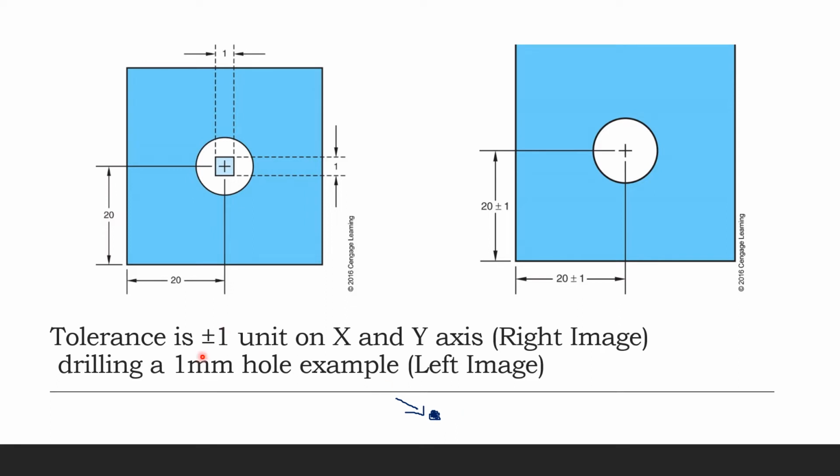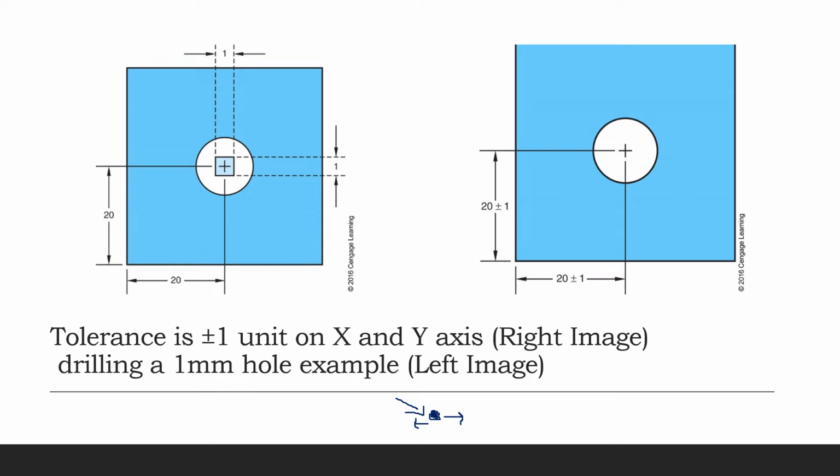Again, don't feel bad about looking at the direction of the value. This is just showing you that you can go this side 1 millimeter, and that side 1 millimeter. Here is our tolerance zone. Here is my hole, 1 millimeter.